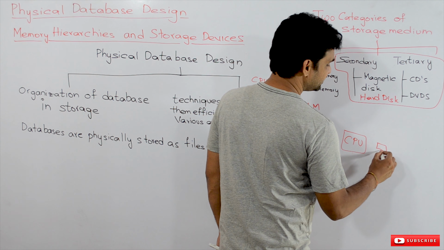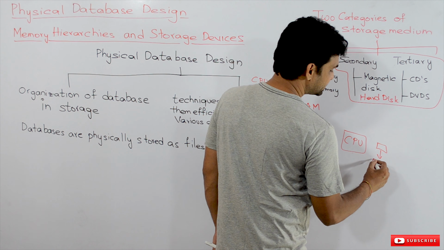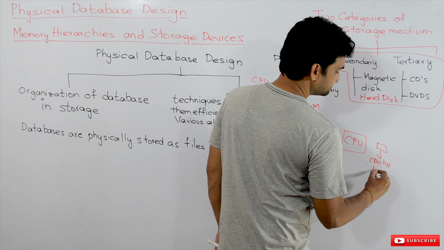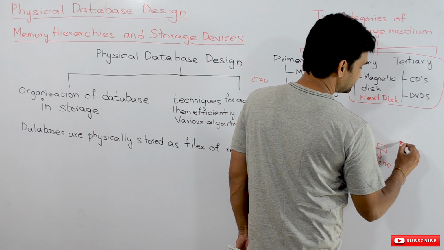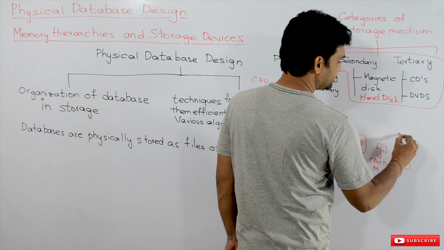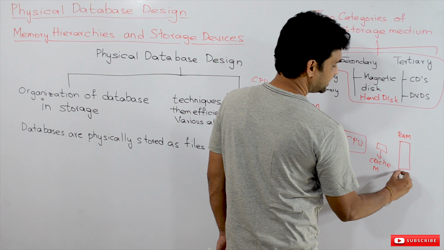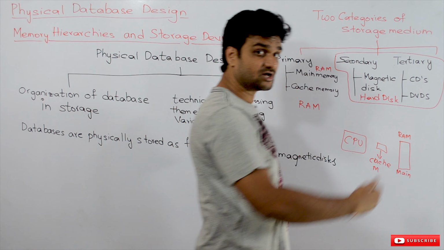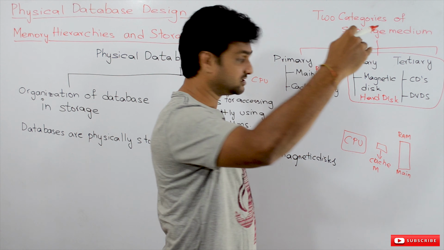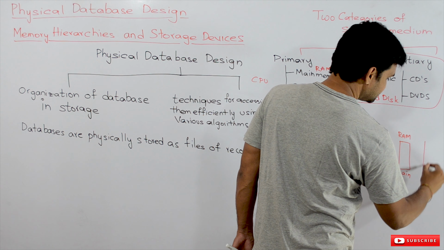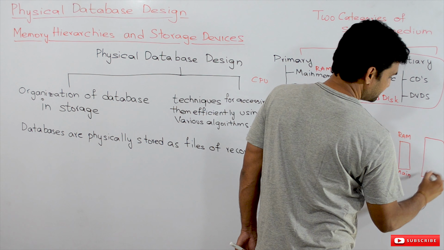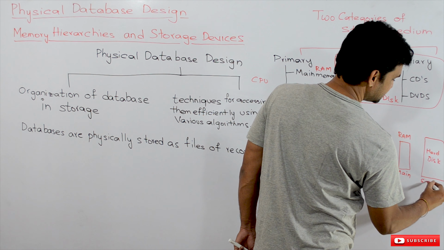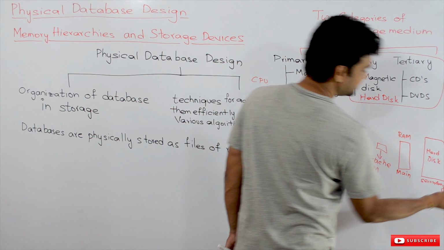The memory directly associated with the CPU is cache memory, and after that in the hierarchy we have RAM, also called main memory. Going top down, from top to bottom, after that we have a memory called hard disk. This is also called secondary memory.